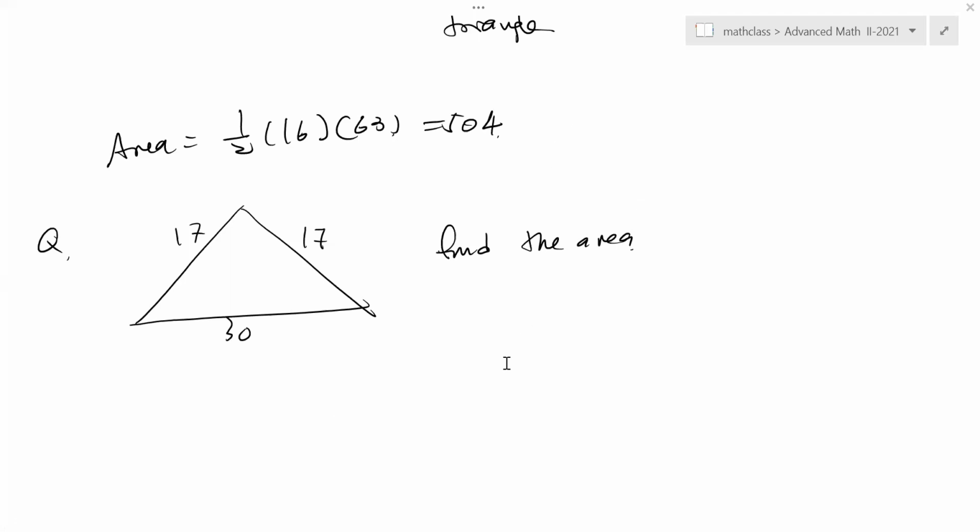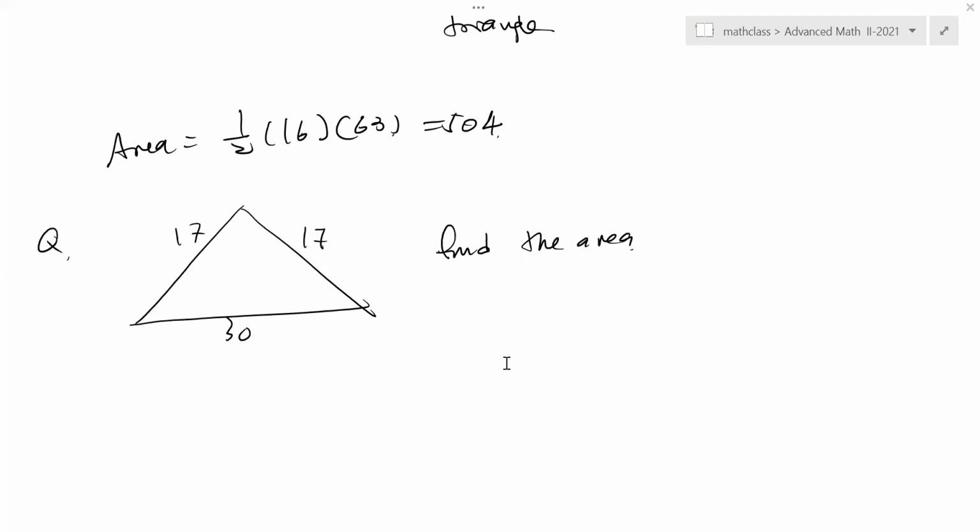Right, so geometry. First of all, the three sides are already given. So you remember, if the three sides are given, you can always find the area using Heron's formula. But you can also use the Pythagorean theorem to solve the problem quickly.